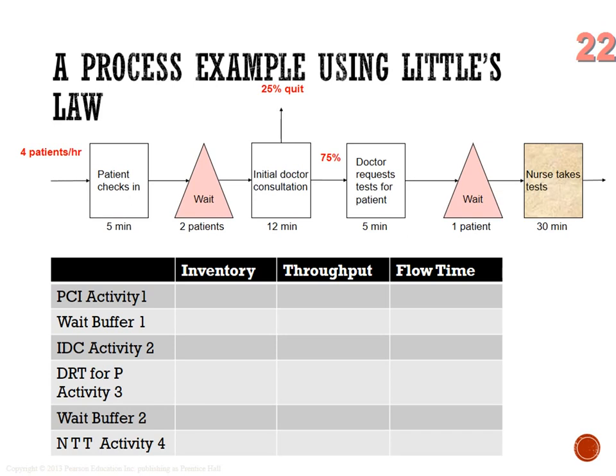In this example, we have 4 patients per hour coming into the doctor's office. Their first activity, and we know it's an activity because it's in a rectangle, is a check-in process, and that takes 5 minutes. Then there's a waiting area, and we have 2 patients in that waiting area.